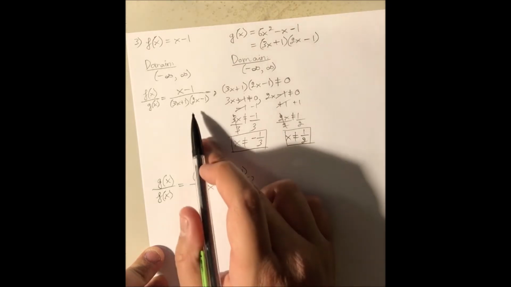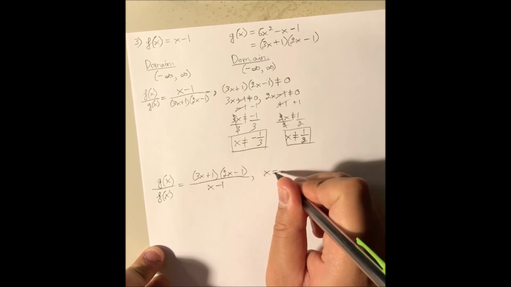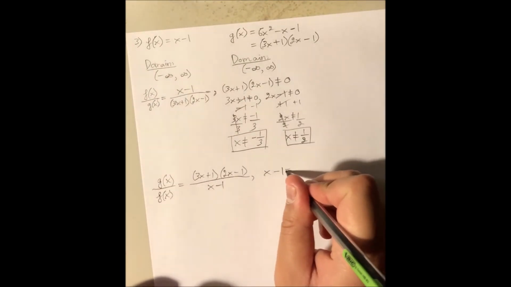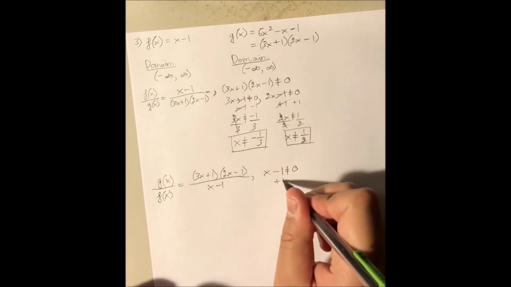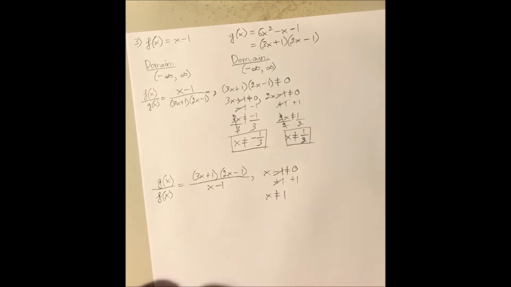So same thing that we did up here: take the denominator, set it not equal to 0, and then solve for x. So at this step, we know that x cannot be equal to positive 1.